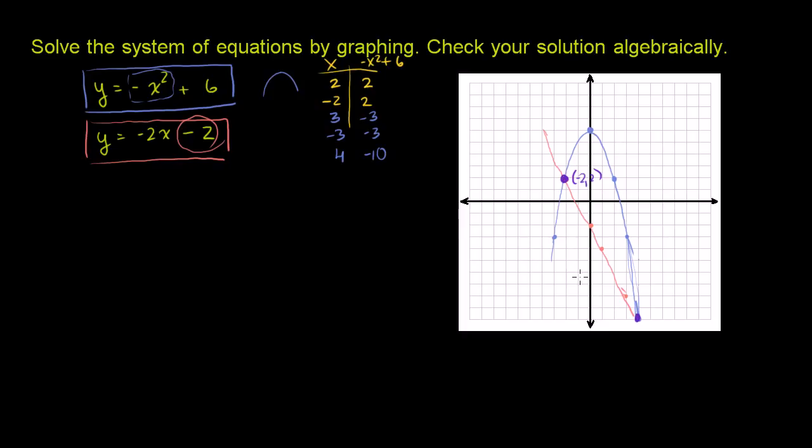Let's verify that it works out. So 4, negative 10, we know that's on this blue line. Let's see if it's on this other line. Negative 2 times 4 minus 2 is negative 8 minus 2, which is equal to negative 10. So the point 4, negative 10 is on both of them. When x is equal to 4, y is negative 10 for both equations here. So they both definitely work out.